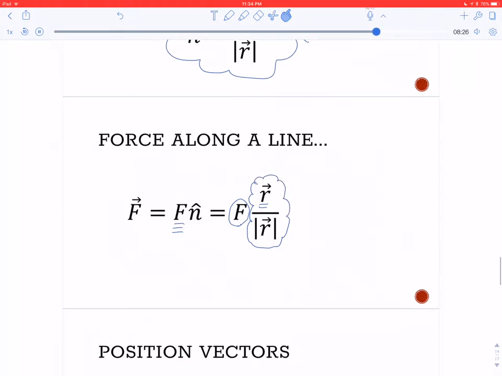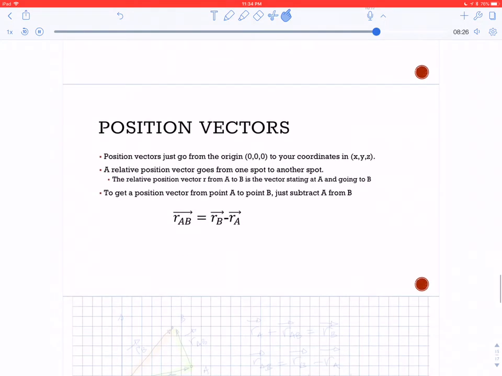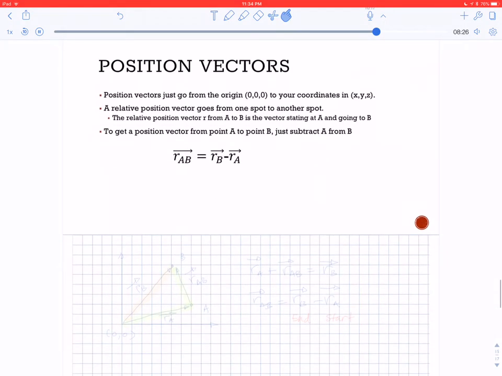And so finally, we're going to talk about position vectors. A position vector just goes from the origin to the vector. So here I have these coordinate axes I'm drawing. There's 0, 0. And if that's point A, that vector there is RA.